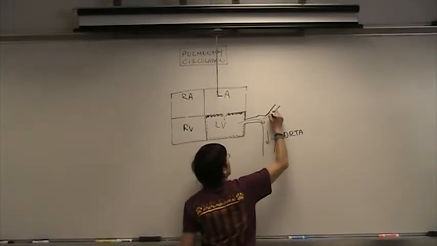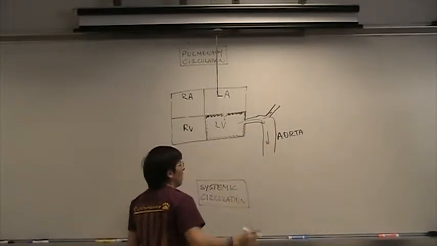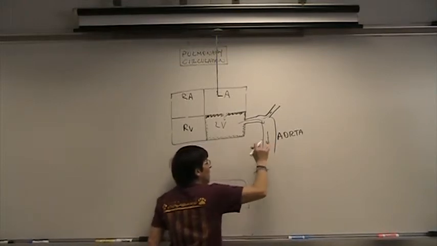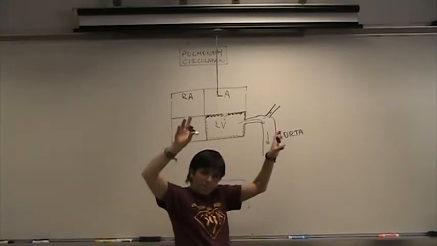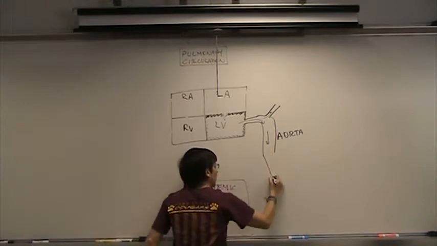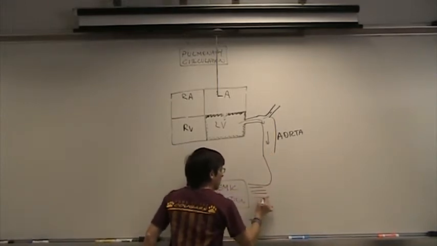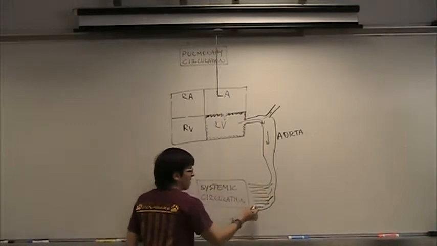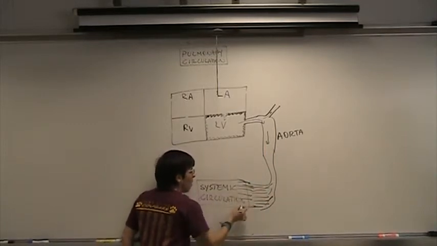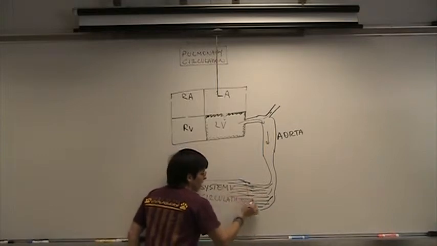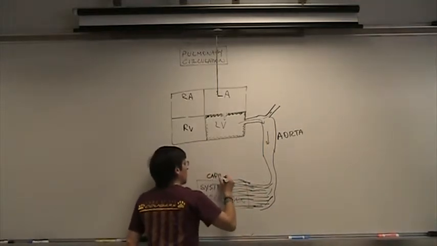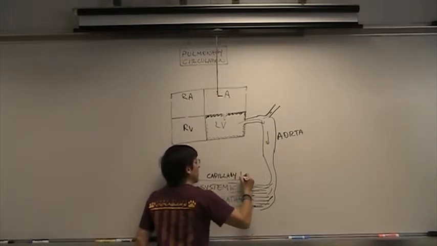This is the main blood vessel, the aorta. So all the blood from the left ventricle comes out through the aorta. The aorta starts breaking up into smaller and smaller branches that I'm just gonna represent like this here. And those basically are gonna become all the capillaries that are gonna go through your body. So this is what we call a capillary bed.